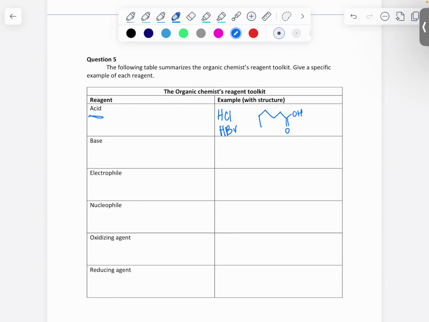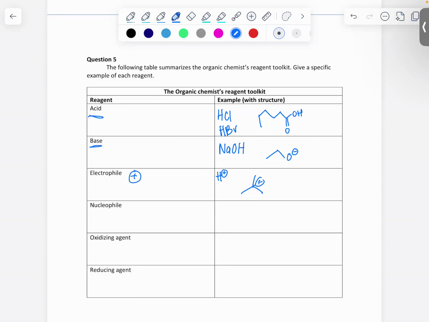For our bases, we know some simple ones like NaOH, but you can also do some more organic ones like this deprotonated alcohol. Electrophiles, we know, are those electron-hungry things. So you can do something like this, or our very simple one is H+.